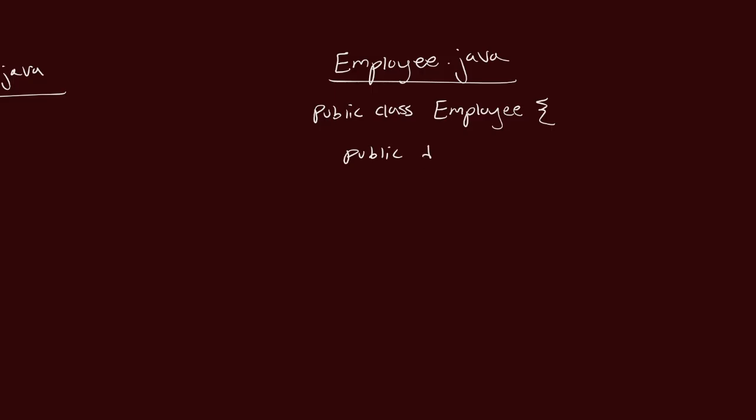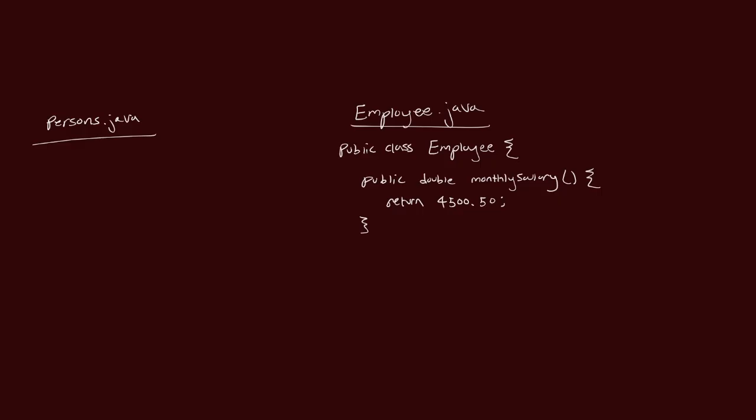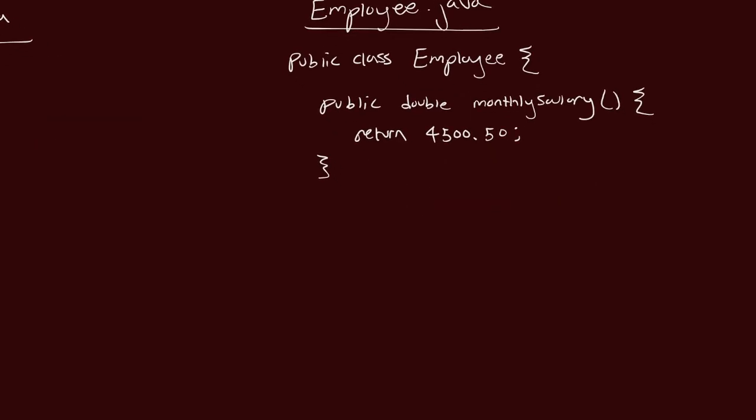So public double, and it's going to be a fixed rate of, what should it be? Let's do $4,500.50. Okay, so all the persons, I guess, are going to have a monthly salary of 4,500.